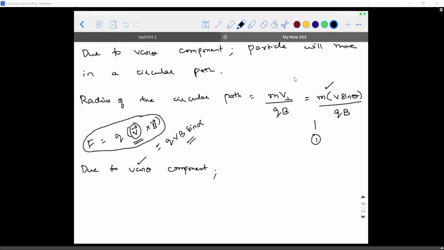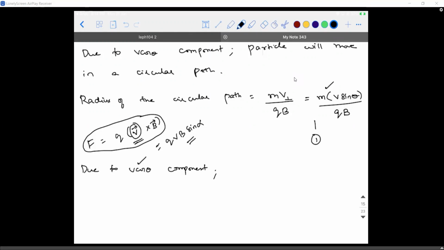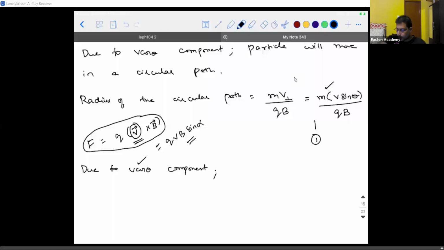Zero. If you plug in 0, what is going to happen? Force will be zero. That's it. Why are you people struggling to tell that 0? When force is 0, what will happen to the particle?